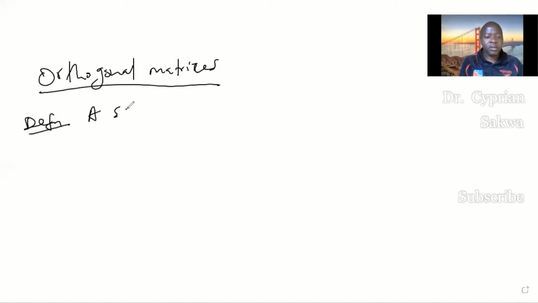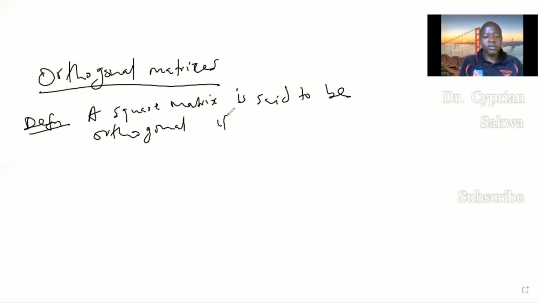A square matrix, let me call that square matrix A, is said to be orthogonal if the transpose of A is the same as the inverse of A, or if A times the transpose of A gives you the identity matrix.